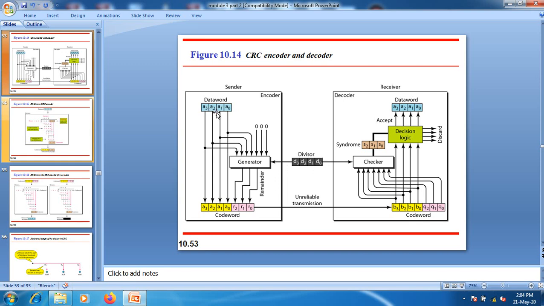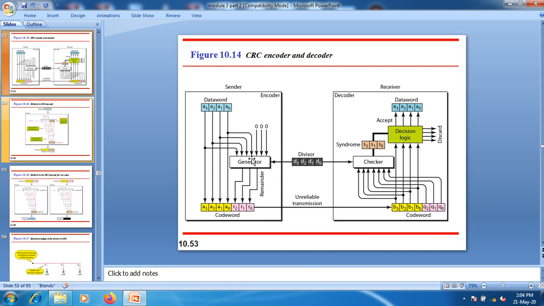First, we increase the size of the data word by appending zeros to it. How many zeros do we need to append? That is m-1 bits. After that, we feed that information through the generator.